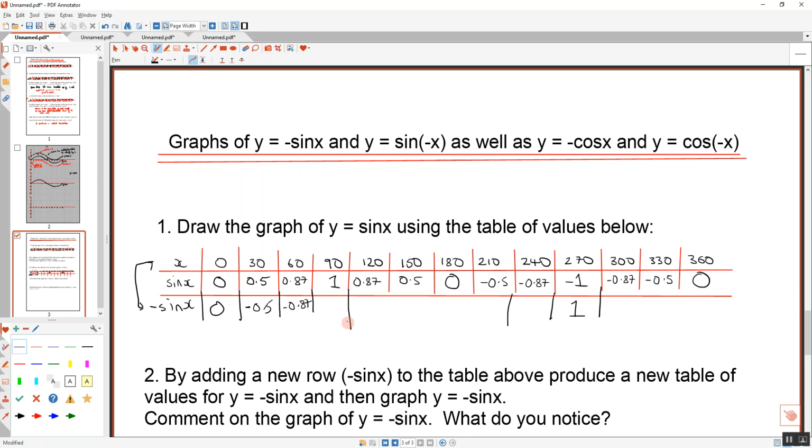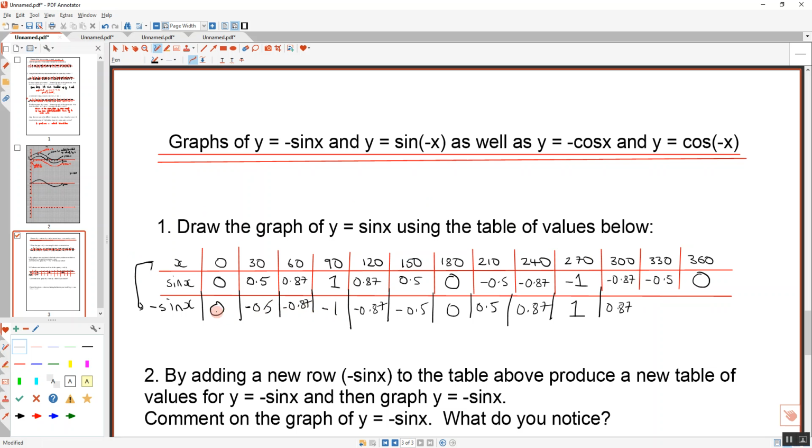Let's see the difference, okay? We can see what it looks like. What's wrong, Grayson? Why is it not negative 0.13 in the third one?